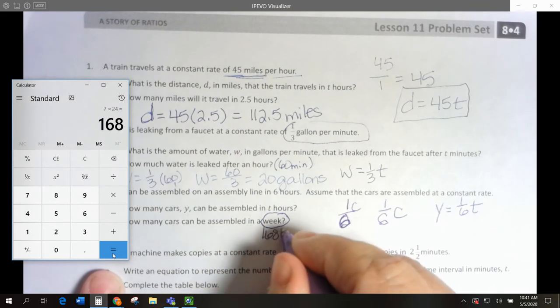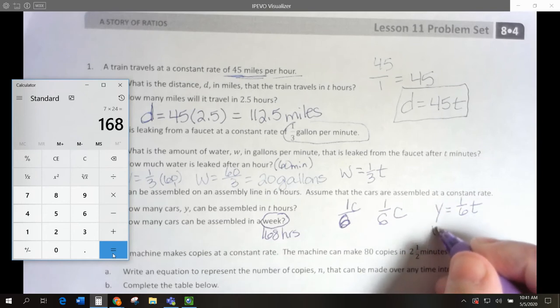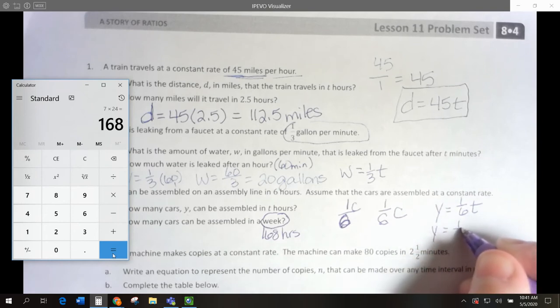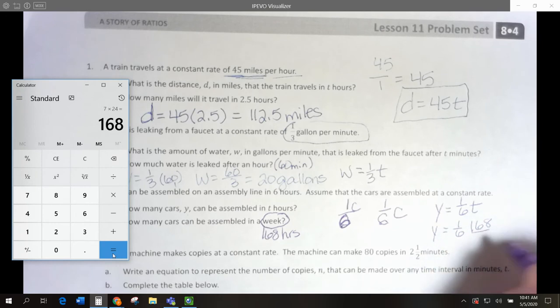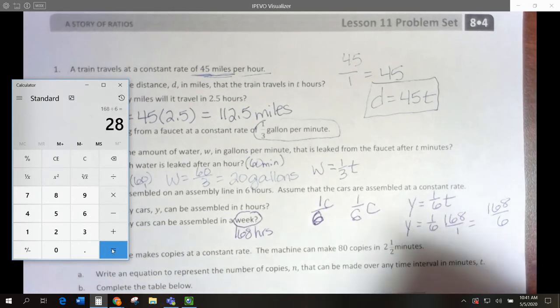A week is 168 hours, right? So how many cars can we get in 168? So we're going to get 168 divided by 6. So let's come over here. 168 divided by 6, and we're going to be able to make 28 cars in a week.